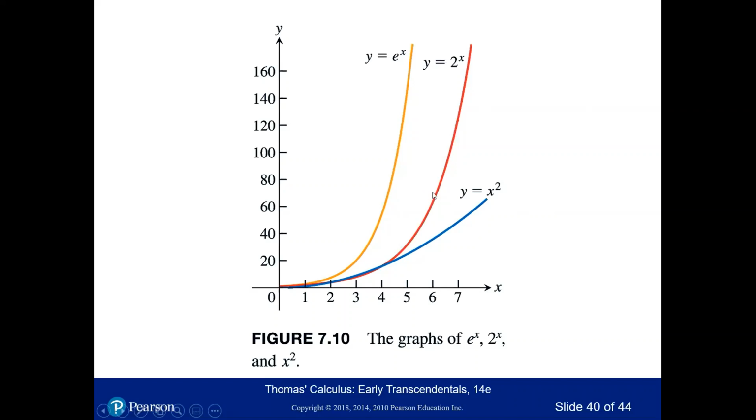So just by comparing these three functions, we know that all these three lines will approach positive infinity as x approaches positive infinity. But if you look at these three closely, which line is growing faster? You can see that e to the x is shooting up really fast, right? Even though these two are going up as well, it's not as fast as e to the x.